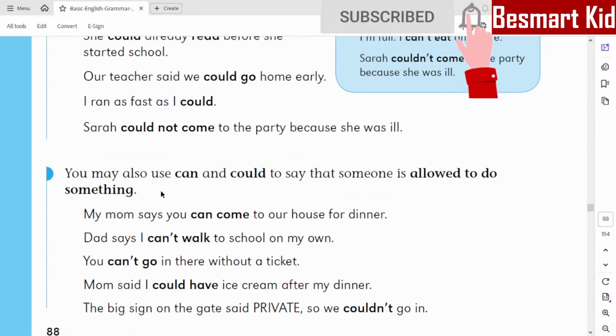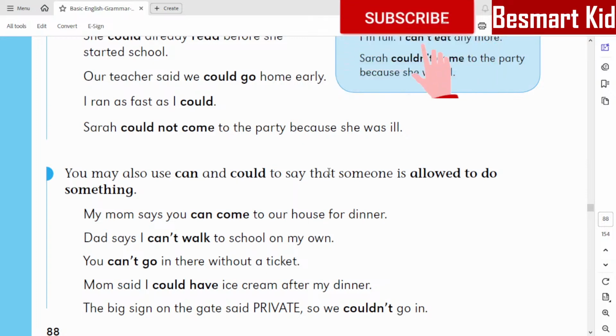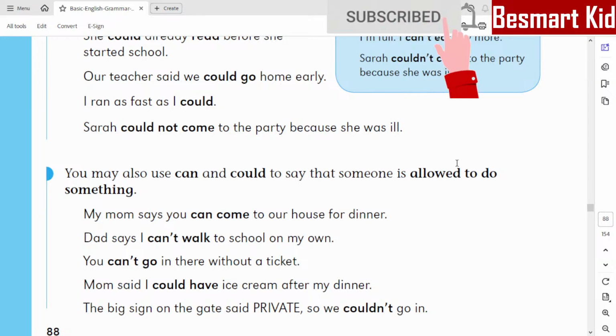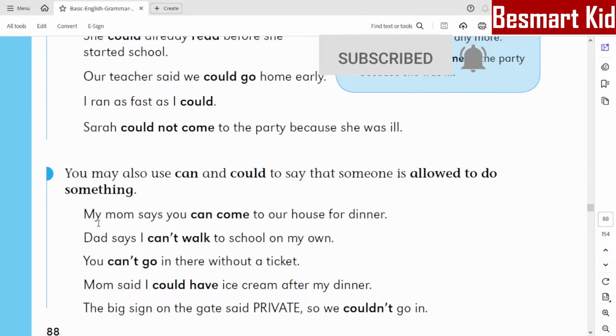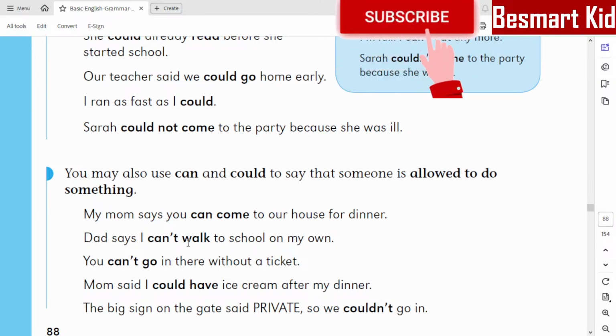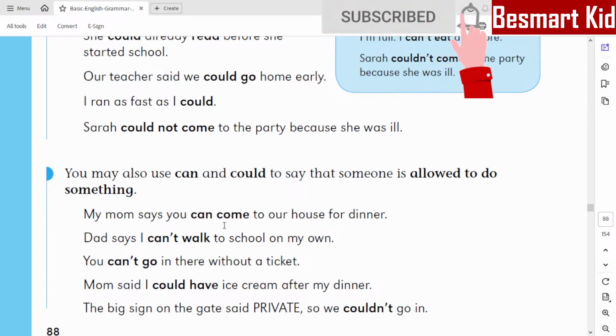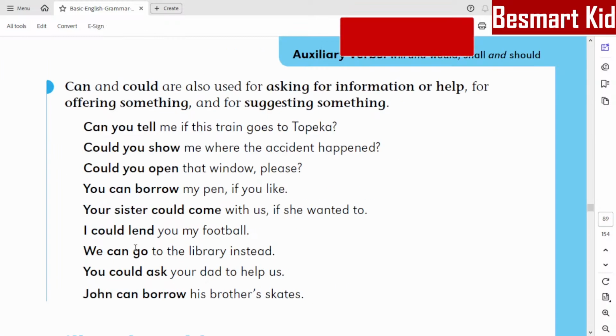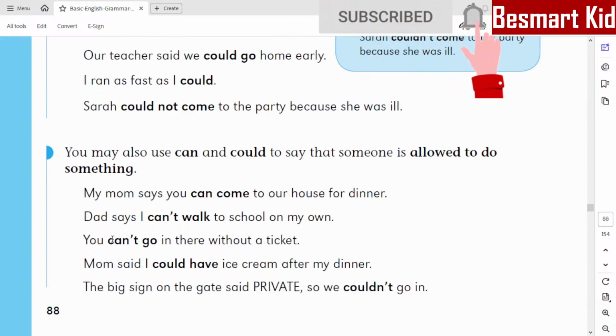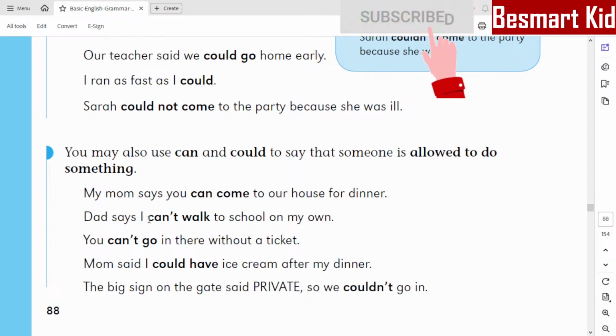You may also use can and could to say that someone is allowed to do something. My mom says you can come to our house for dinner. Dad says I can't walk to school on my own.